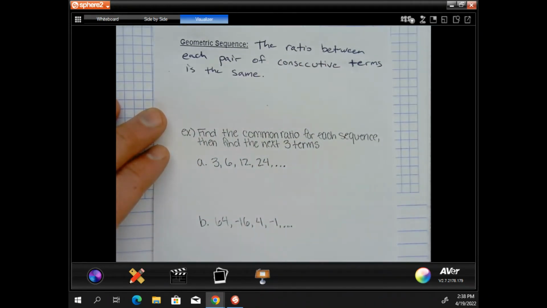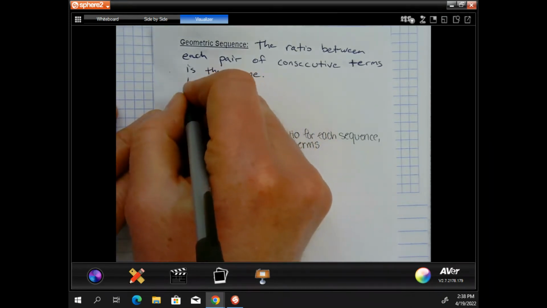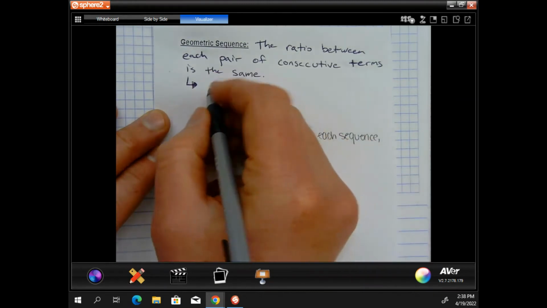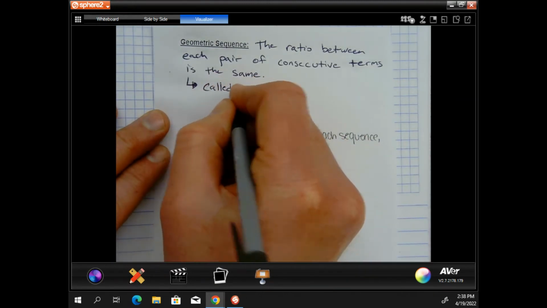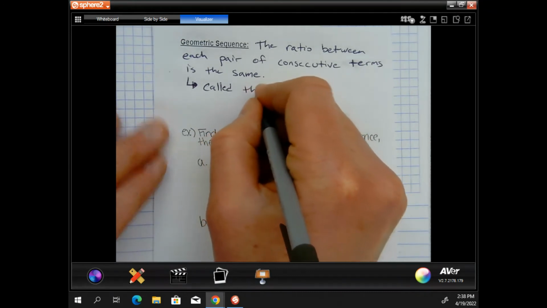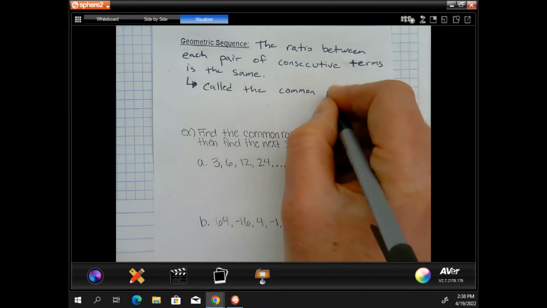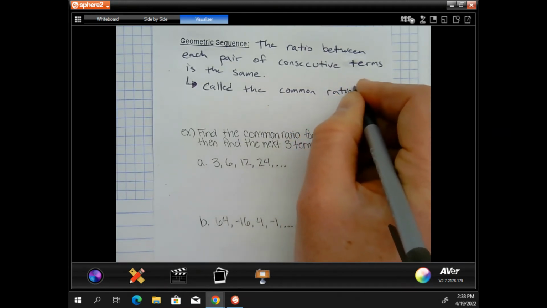So the ratio between each pair of consecutive terms is the same. This is called the common ratio.